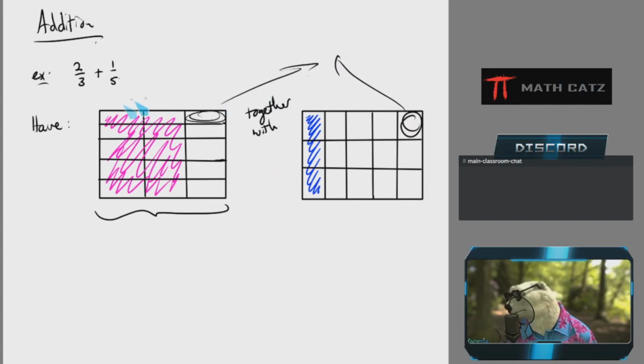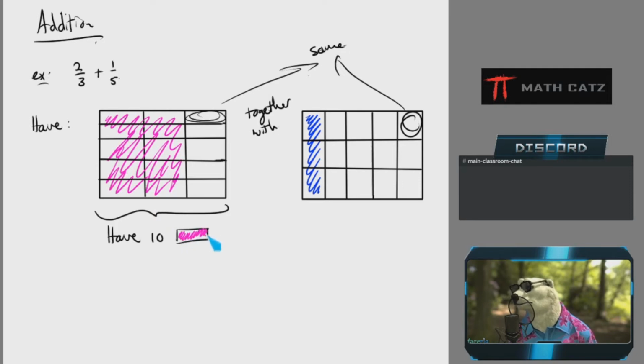Because my standard rectangle is split into 15 pieces and they're all the same, and this is 15 pieces all the same. So those two cover the same amount of bread, if you will. So in the left I have 1, 2, 3, 4, 5. I have 10 of these pink pieces.